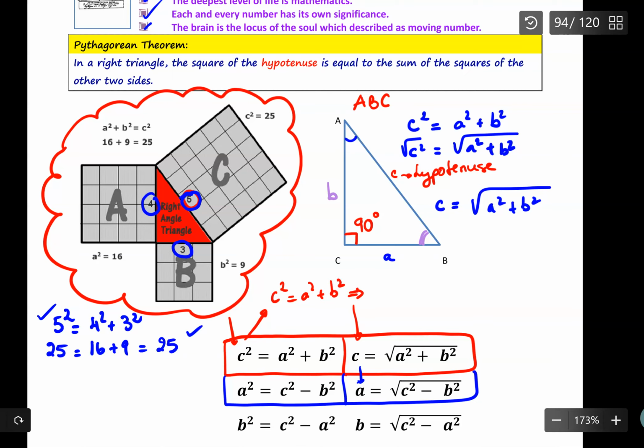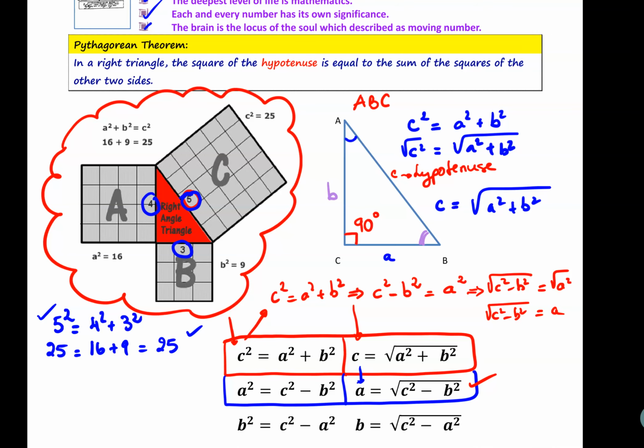So I bring b squared over to the other side of the equation, and I have a squared left. Then my next step is to take the square root of both sides. Again, the square root of a squared is equal to a, therefore a is equal to the square root of c squared minus b squared, which is what we have in these formulas.